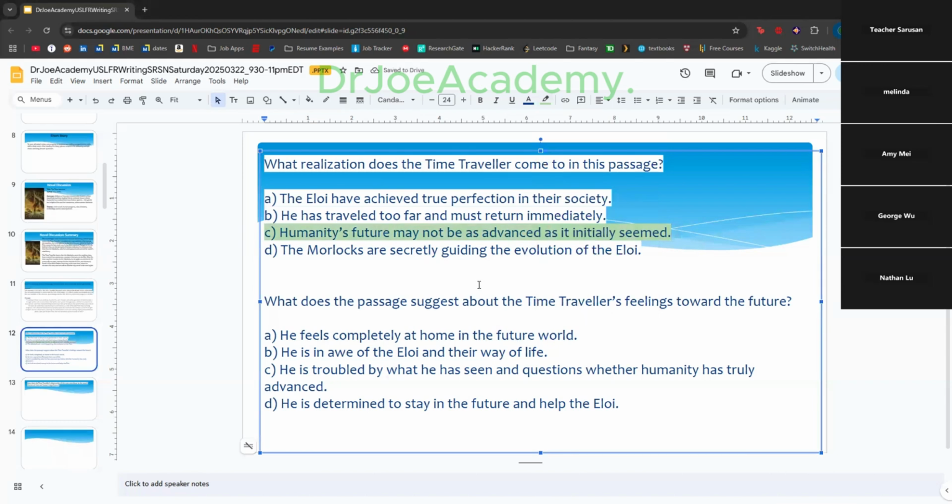Next question. What does the passage suggest about the time traveler's feelings towards the future? All right, we got another answer. Perfect. Let's see if we get some more.